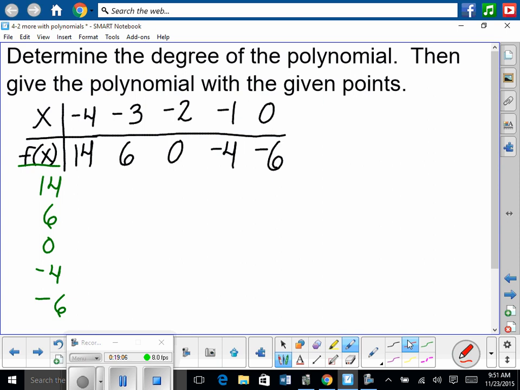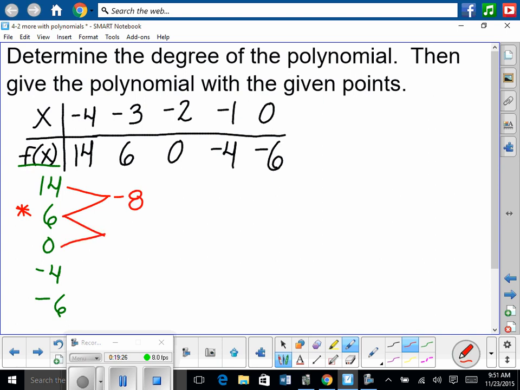All right, so we take the differences of our y values. Now there's one important thing here. You've got to make sure you always take the one that comes before the one above it. So we're going to take 6 minus 14. You've always got to start with the one before. So 6 minus 14. Okay?